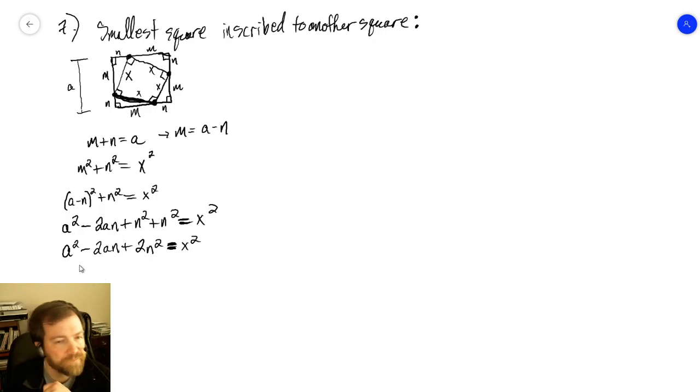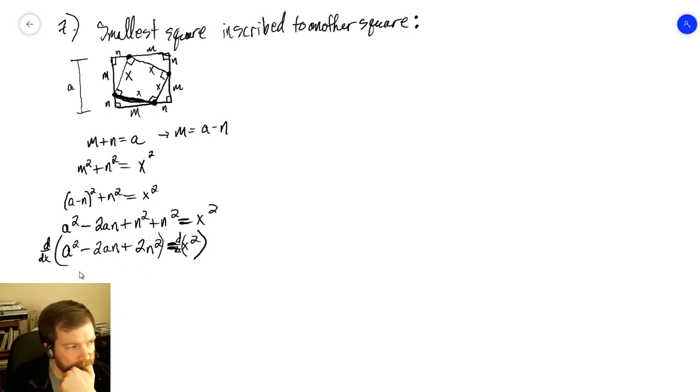Sure, why not? So if we take the derivative of this entire line with respect to x, technically that's poor notation, by the way. I wouldn't do that. All right, so d/dx on the left, d/dx on the right.